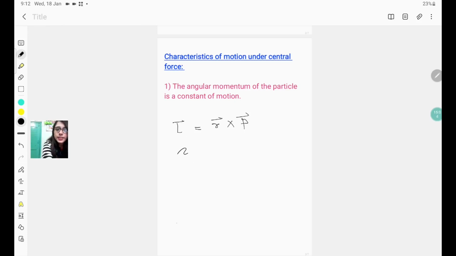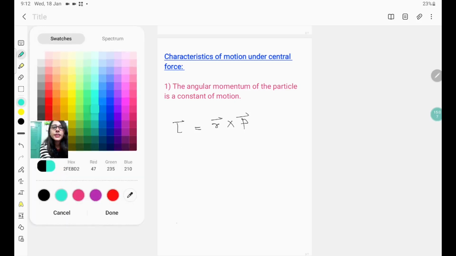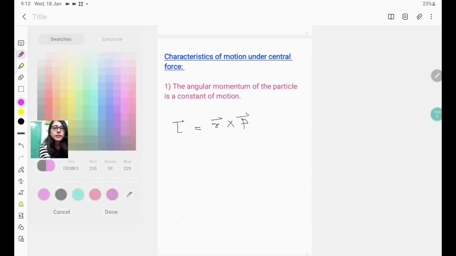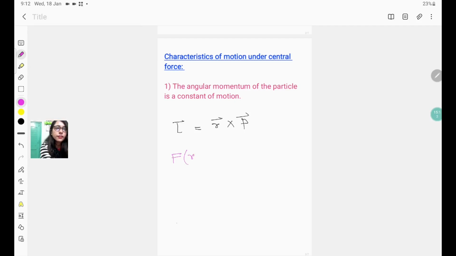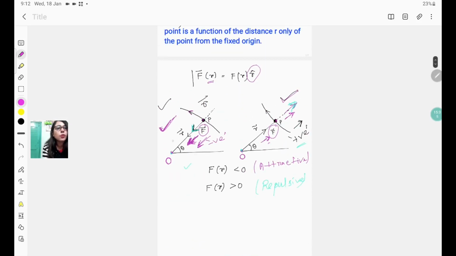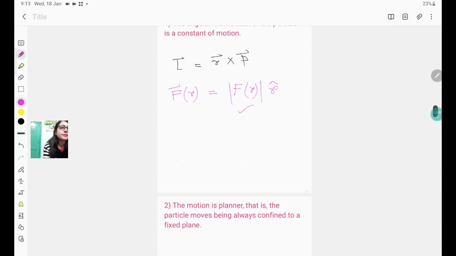First of all, for central force, we can always write this central force F(r) as the magnitude of that force, F(r), times r cap. That is, this force is always a function of only the distance r. r is the distance between the center of force O, which we already have mentioned here, and the particle P. So the distance between O and P is r, the distance vector.